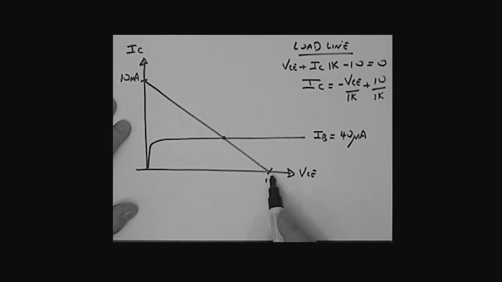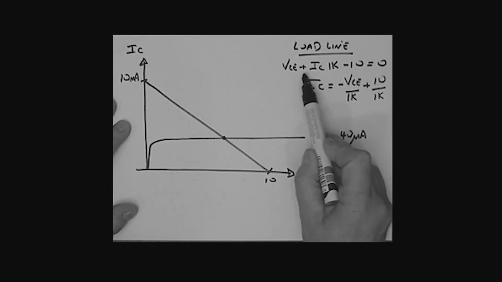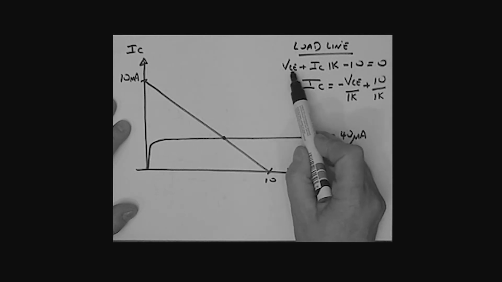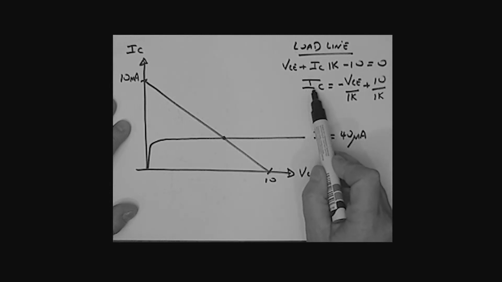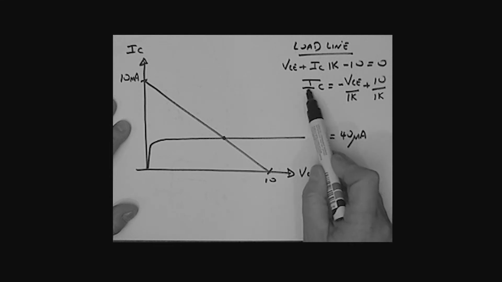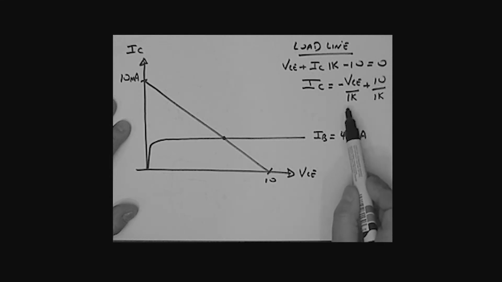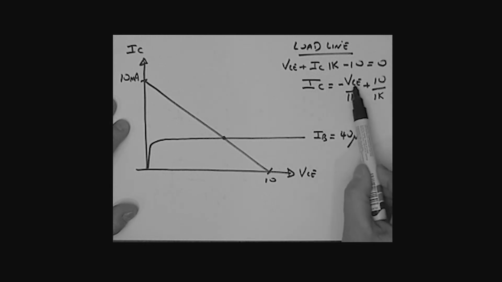The load line is established by taking a loop in the output part of the circuit. That's simply summing the voltages around the loop, which we've done before, and then rewriting that equation as IC as a function of VCE. There is the load line equation here. Get 2 points: the first, let IC equal 0, then VCE would be 10, and the other point, let VCE equal 0.